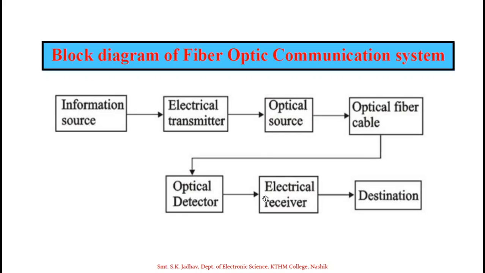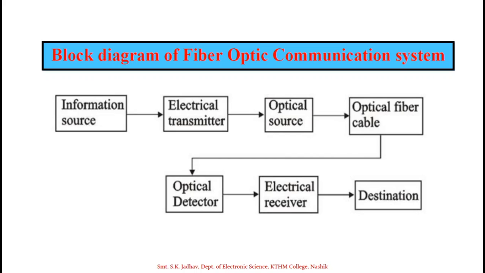So, the receiver output will be the electrical signal. Now, we will see the block diagram, that means function of each block one by one.